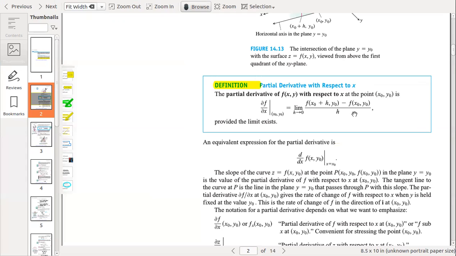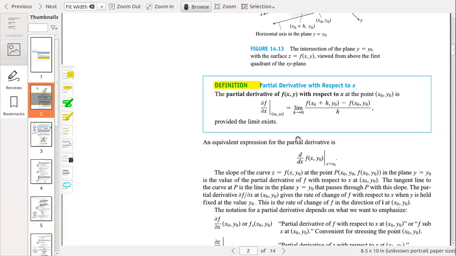In the domain, the fixed point is x naught, y naught, and in the range, the fixed point is f of x naught, y naught. The second point is a general point, not a fixed point: x naught plus h and y naught. So it is clear that we are just adding a small increment in x naught but not in y naught.